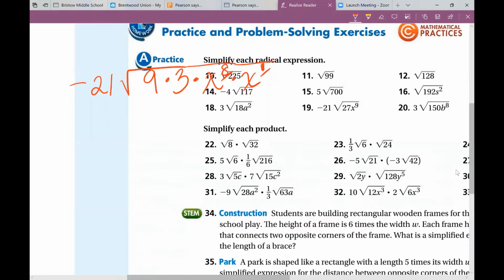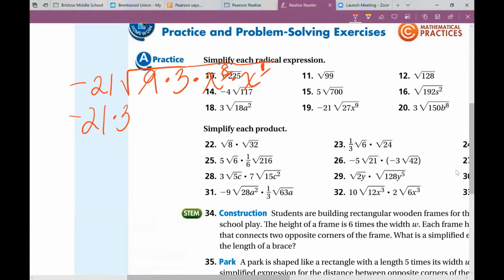So what you do is now start taking the square root of everything that you can and writing it on the outside. So I know that the square root of 9 is 3. The square root of 3 is a prime number and is not a perfect square, so I can't take the square root of that.